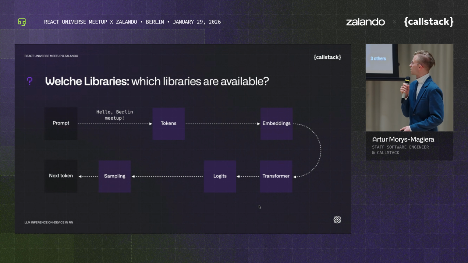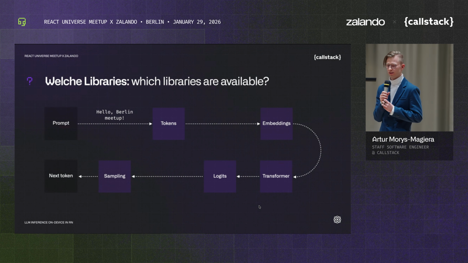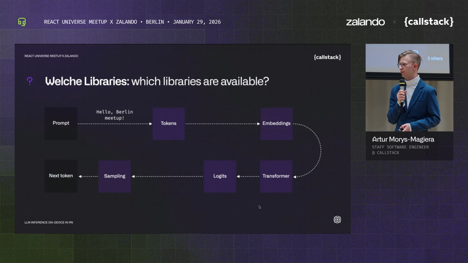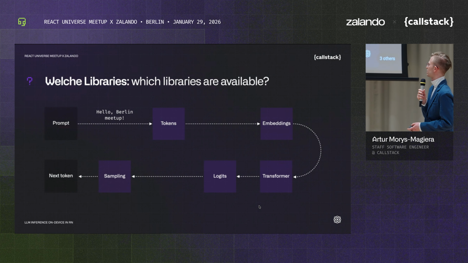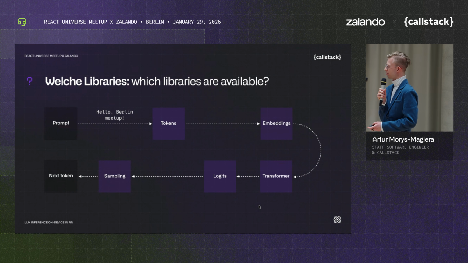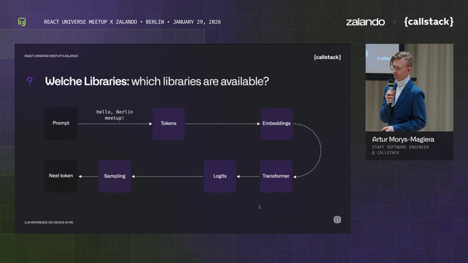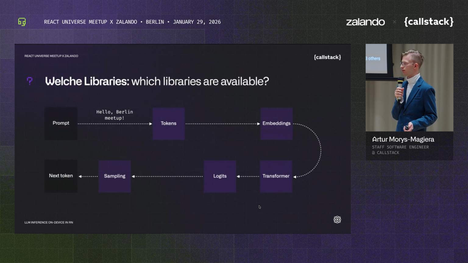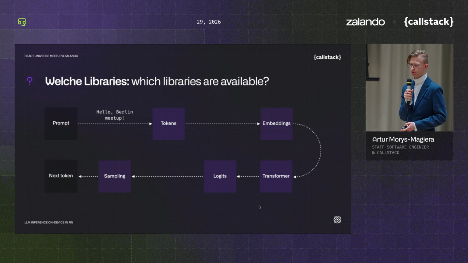So moving on to the selection of libraries, before we delve into it, I would like to very quickly, briefly summarize how an LLM actually works. Because we have many libraries that do inference on models, not only LLMs, but also others.